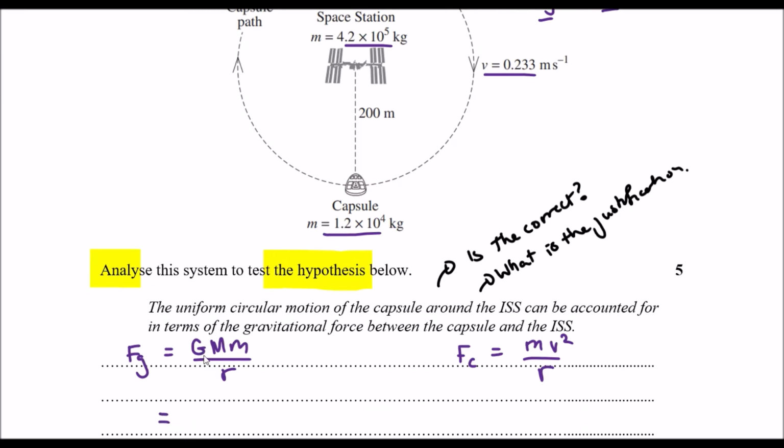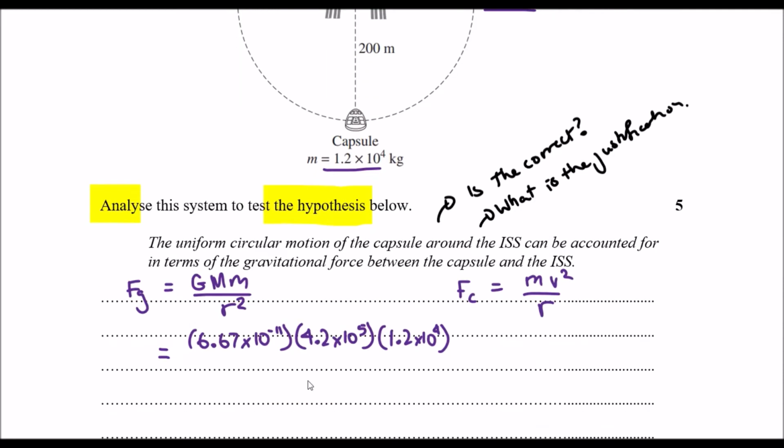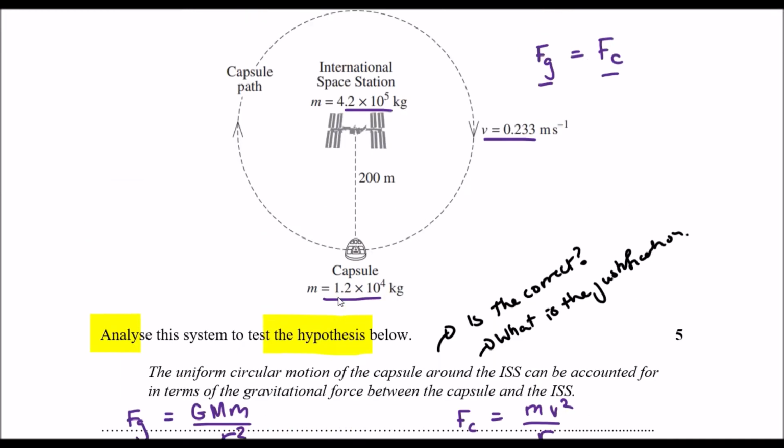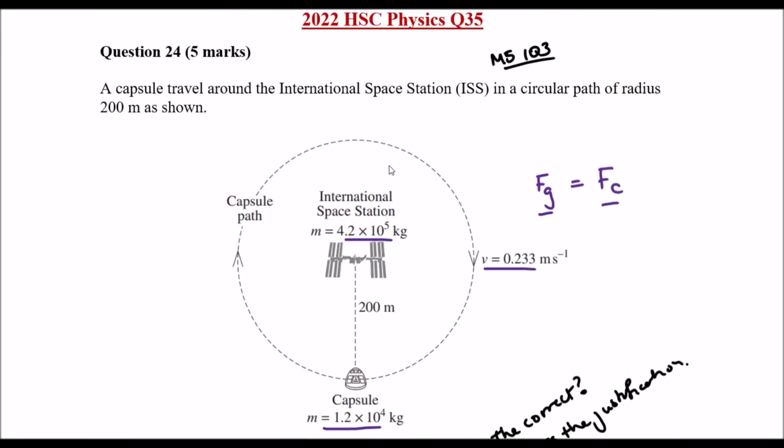So if we put in the numbers, capital G is the gravitational constant. Big M is the mass of our space station. And then we have our capsule. Whoops, forgot that should be squared. Okay, hopefully I don't encroach on the space. And then we have 200 meters squared. Now, just before I go on with the calculation, please make sure everything is in the correct SI units.